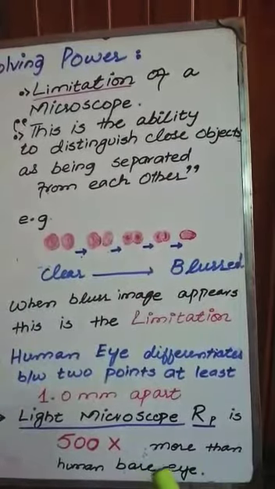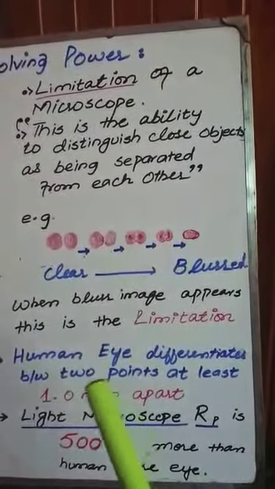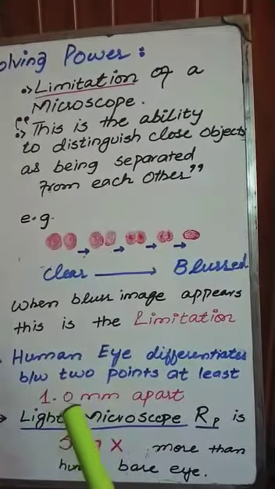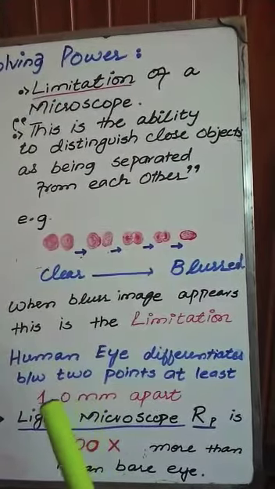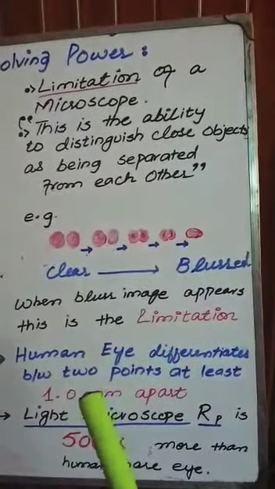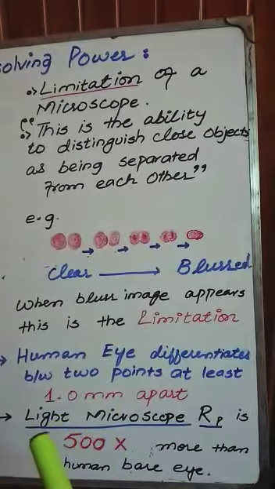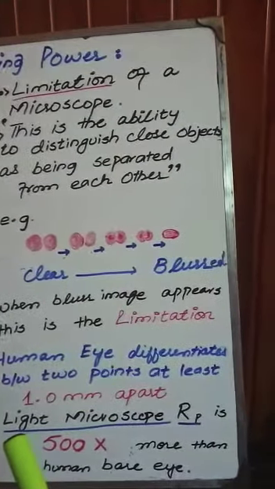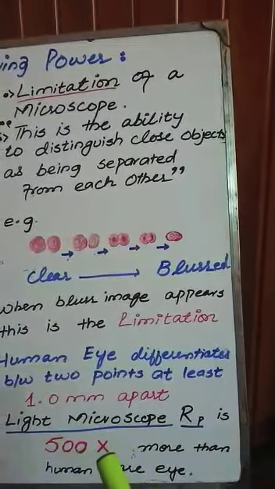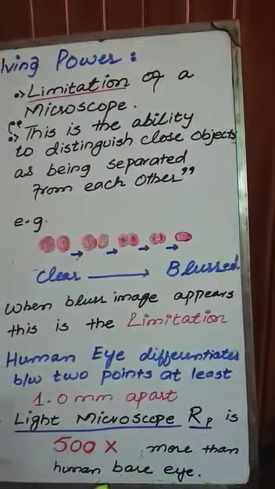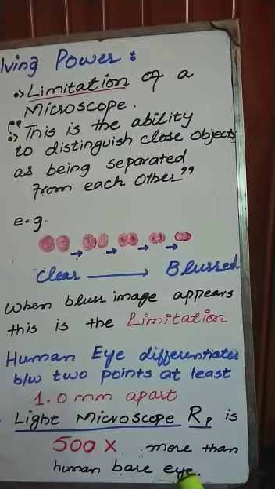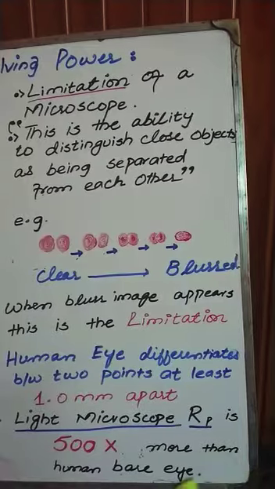It means the naked eye of a human being can differentiate between two close points which are minimally present at a distance of 1 mm. But the light microscope's resolution power is 500 times more than the limitation of the human naked eye.